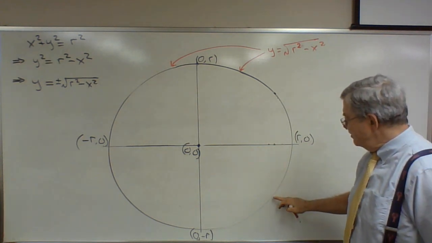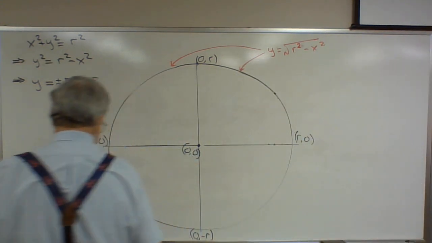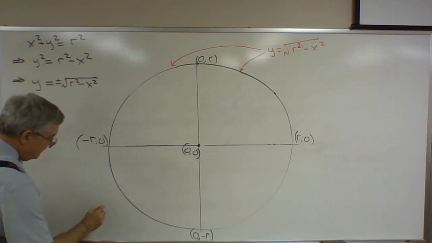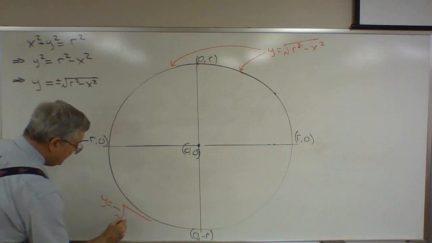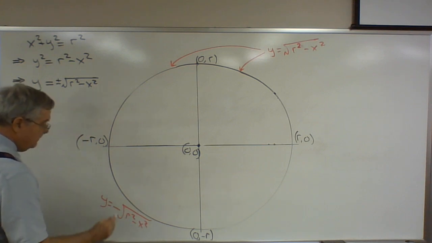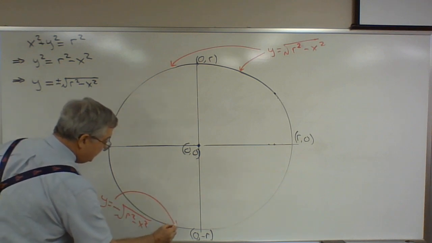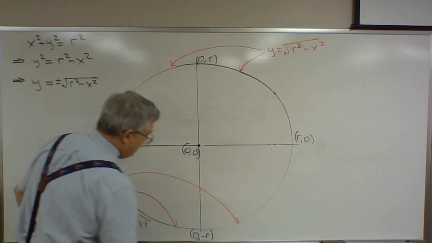If I want to refer to the lower semicircle, then I have to write y equals negative square root of r squared minus x squared, and that pertains to this half down here.